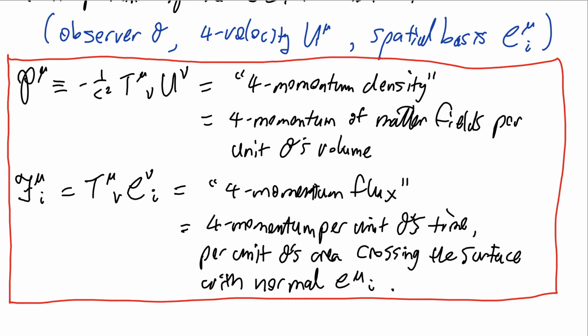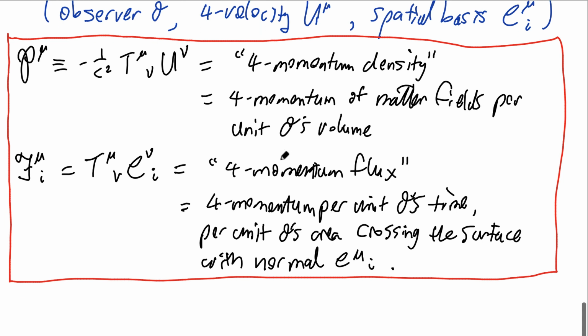And as we've seen before, if the observer wants to extract the energy or 3 momentum from one of these vectors, they just need to contract with either the 4 velocity, their own 4 velocity, or one of their spatial basis vectors.